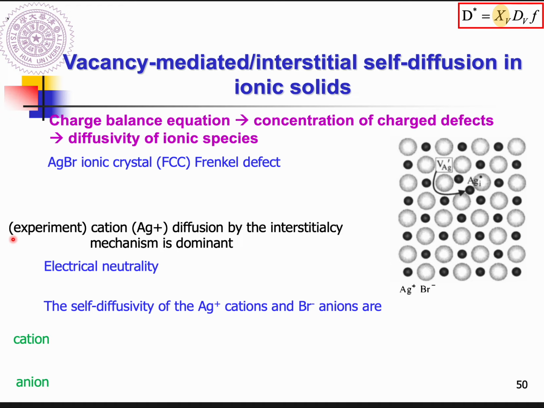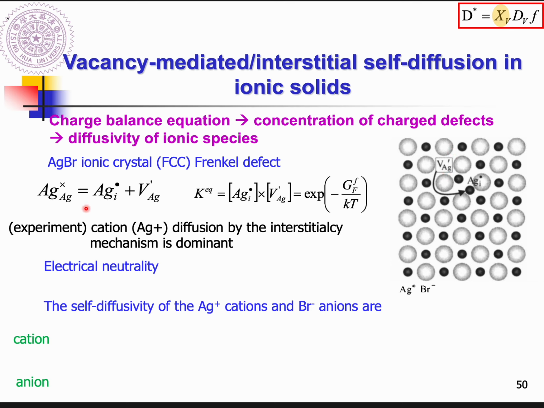Based on experimental observation and literature, in the silver bromide system, we observe that the cation silver diffusion is based on the interstitial mechanism, which means the silver will leave the silver site to be an interstitial defect and leave a silver vacancy at the silver site.